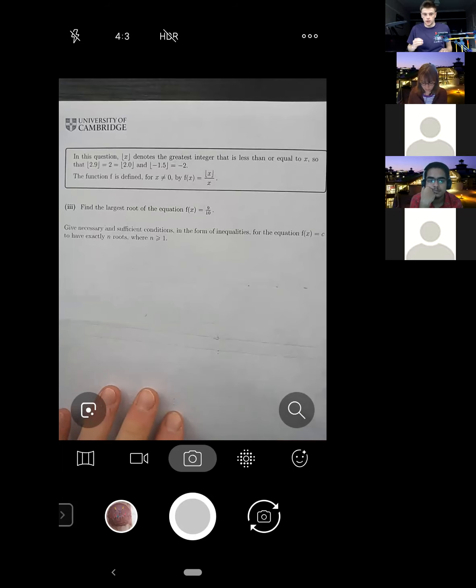A sufficient condition is slightly different. A sufficient condition is one for which it is enough for that to be true in order for my statement to be true. So if someone can tell me, yes, this sufficient condition is true, then I know my statement is true. Okay, and a helpful way to think about this is in terms of implications.